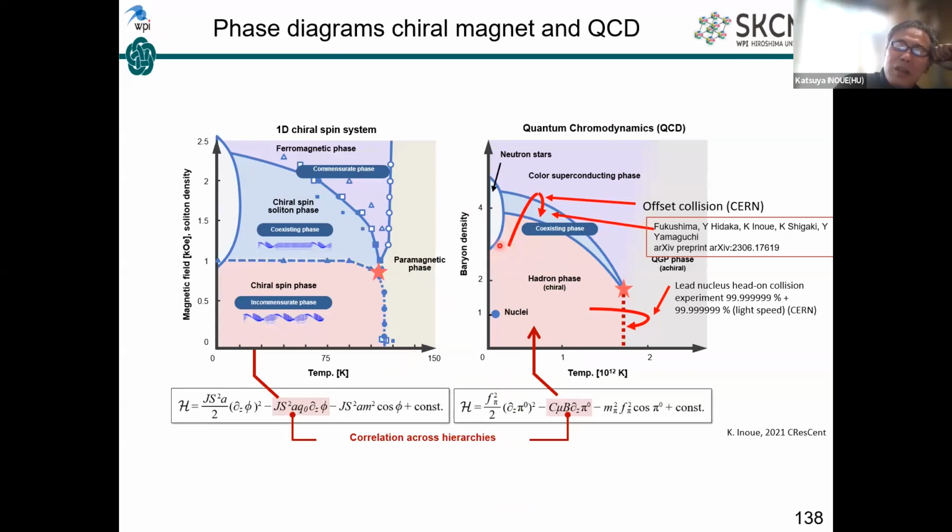For instance, in this low temperature and high density region, they expect the color superconductivity phase. But experimentally, it is almost impossible to reach this density. But with our chiral magnet, it is possible to measure this structure directly. We already found some new phases in our chiral magnet.